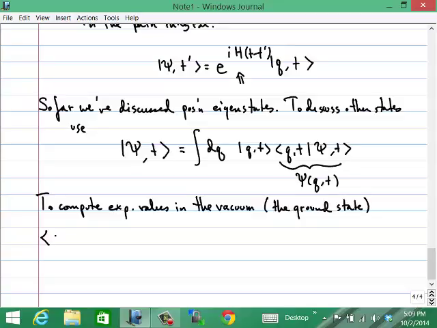Then what you would need to do, so the vacuum time-ordered expectation value of some product of these observables, q of t, well, you would just integrate overall. So first what you need to do is insert two factors.